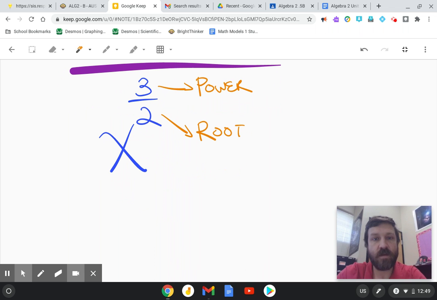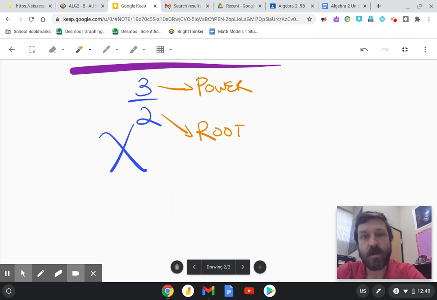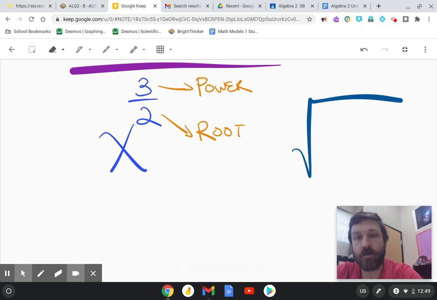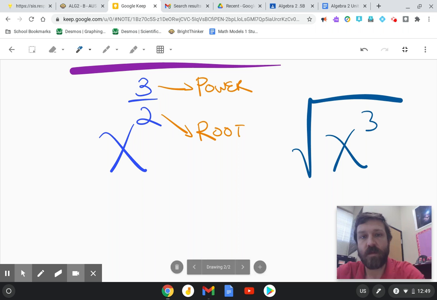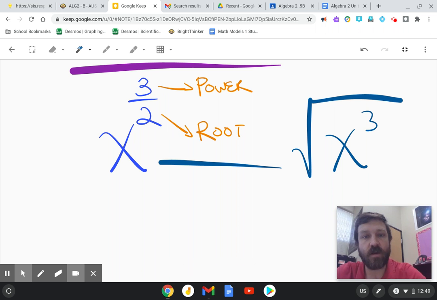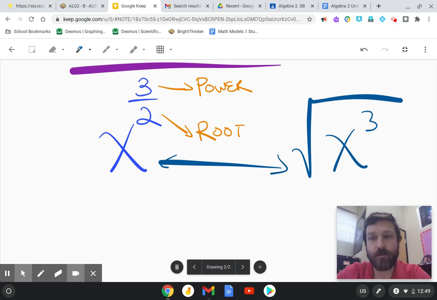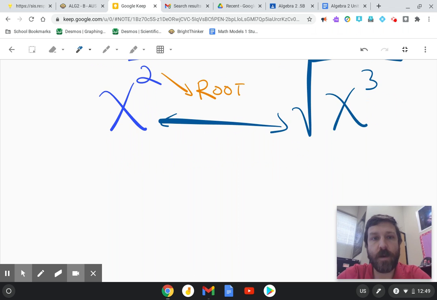So this could be written as the following. Instead of writing it this way, I could also express this as the second root, or the square root, of x to the 3. These two expressions are interchangeable, but the first one is what we're talking about when we talk about fractional exponents. So the top is the power, the bottom is the root.